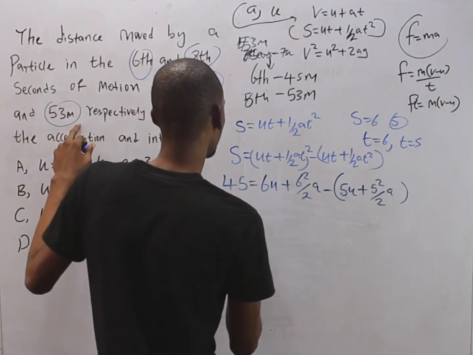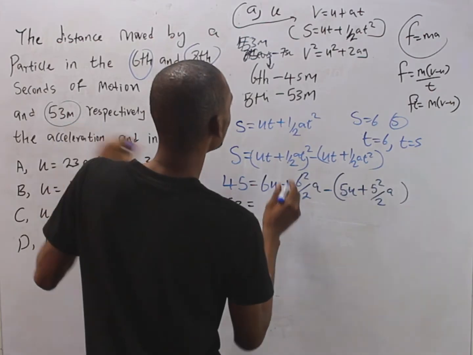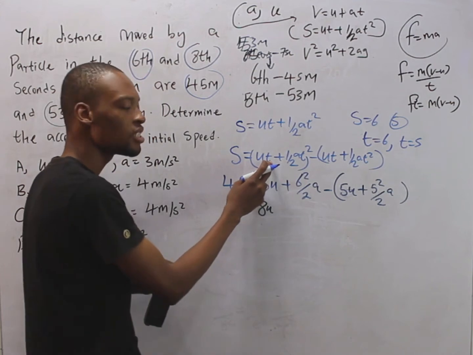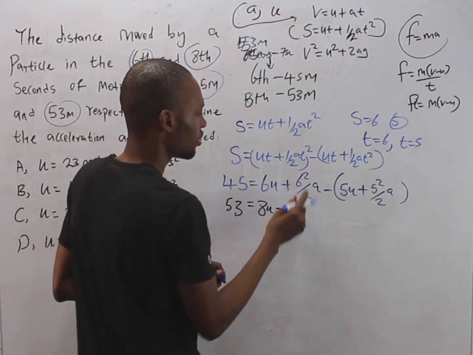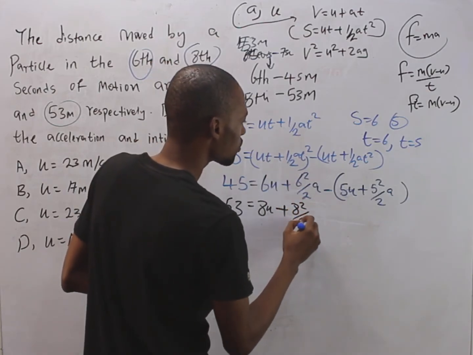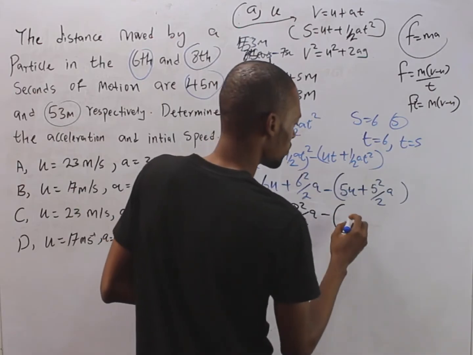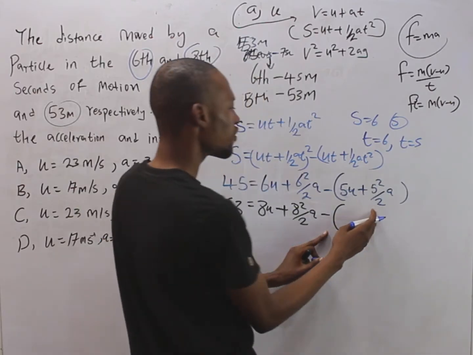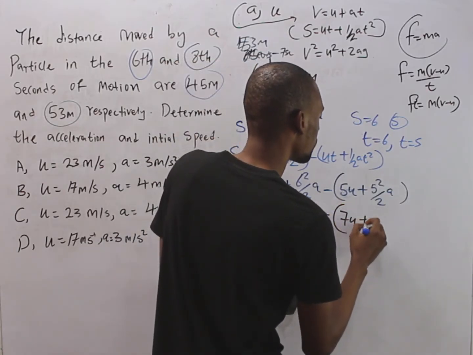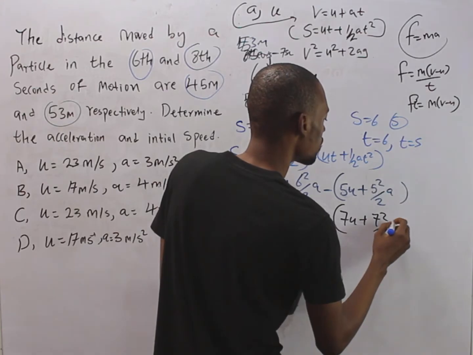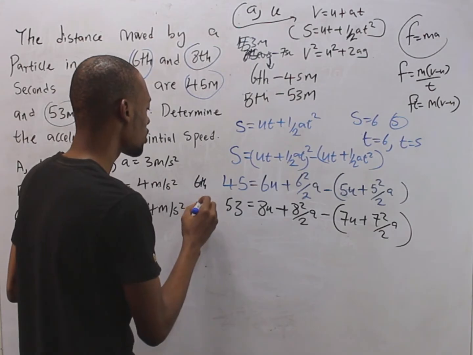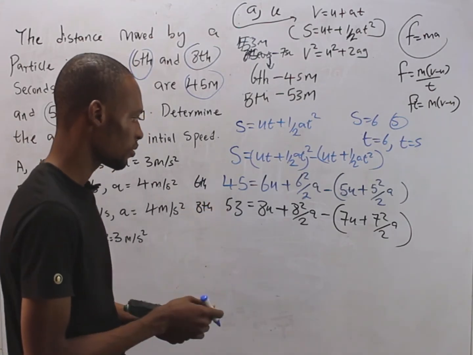The distance 53 meters equals the distance for 8 seconds, 8u, where we replace t with 8, plus 8 squared over 2a, minus the distance for the 7th second, 7u plus 7 squared over 2a. So this is the distance covered in the 6th second and this is the distance covered in the 8th second.